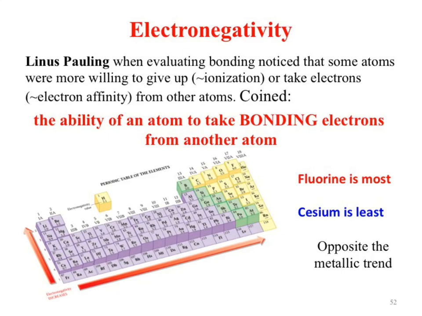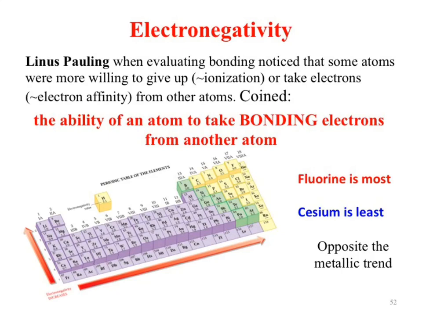Covalent and ionic. What was an ionic bond? A metal and a nonmetal. So pick a metal. Let's say cesium. Pick a nonmetal. Let's say fluorine. What's the difference in electronegativity? Really big, really small? It's the biggest difference we can get.